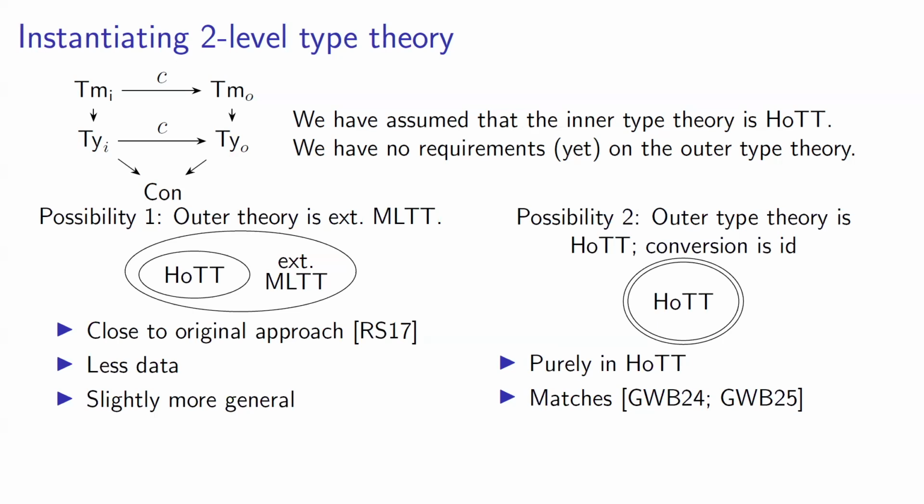The other approach, where you say that the outer layer is extensional Martin-Löf type theory, is closer to the original suggestion of Riehl and Shulman, and it has the advantage that you have strict equalities that you don't need to treat as data, but are really just properties. And there's the tiny advantage that it's slightly more general because you don't need to assume that all these shapes are fibrant or are things in HoTT.